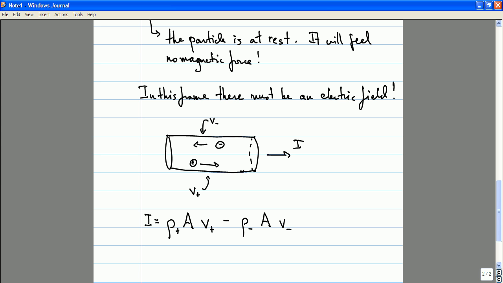And in the frame where the wire is at rest, then the statement that the wire is electrically neutral is that rho plus is equal to rho minus. So in the frame where the wire is at rest, rho plus is equal to rho minus, and the wire is electrically neutral.